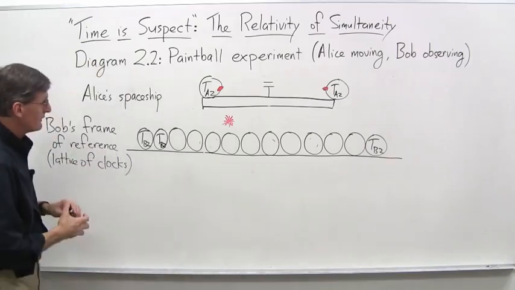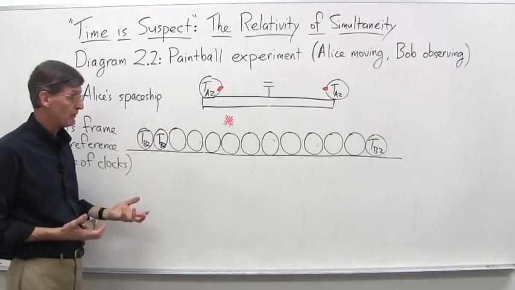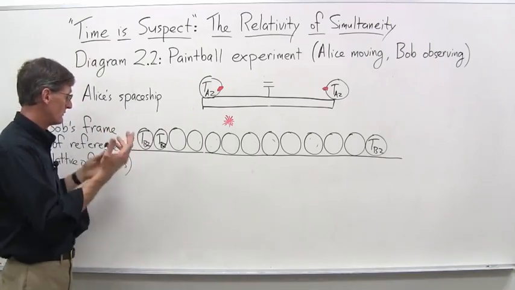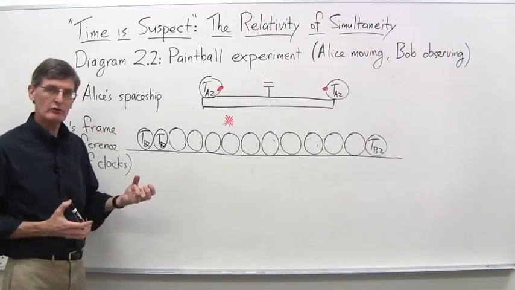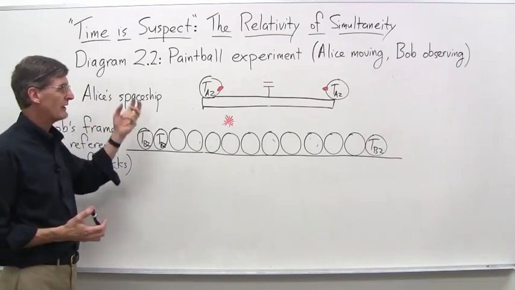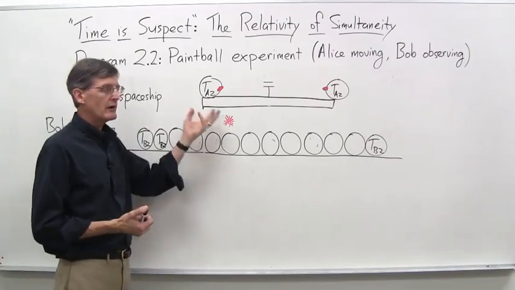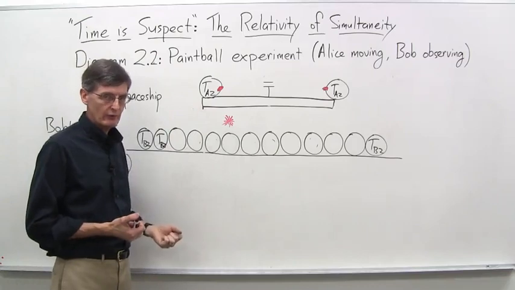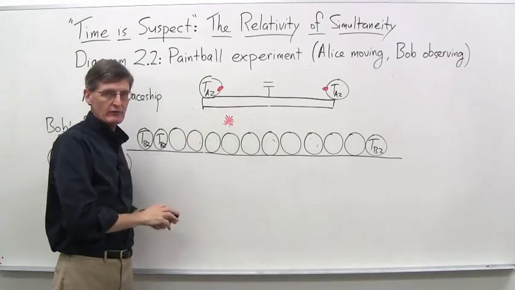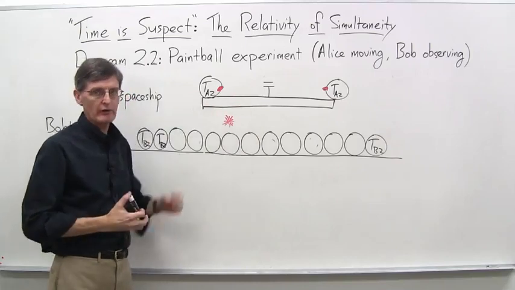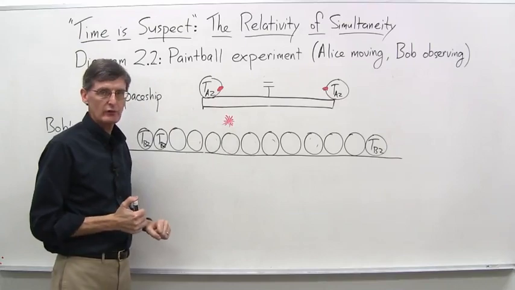So that is an example of a paintball experiment. And again, you might say, what's the point? Well, the point is, in a minute, we're going to do this with light pulses. And we get a very different result when we do it with light pulses because, as we've emphasized before, light pulses do not add in terms of velocity like we expect paintballs or other common objects to do, especially at speeds much lower than the speed of light.